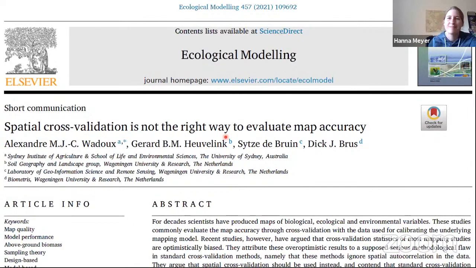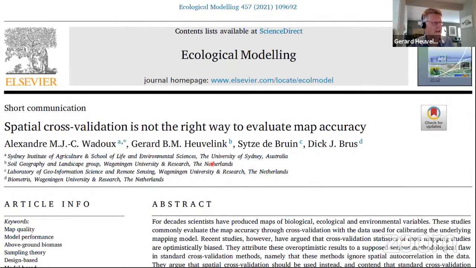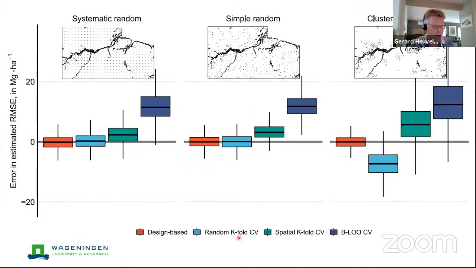I think, Hannah, I agree with you there that this shows us that random cross-validation doesn't do a good job in case of clustered data, right? So the title says spatial cross-validation is not the right way, but random k-fold cross-validation is also not the right way in case of clustered data.